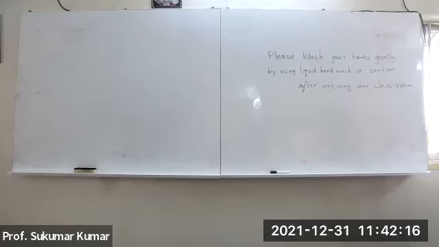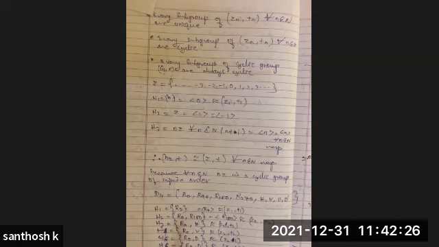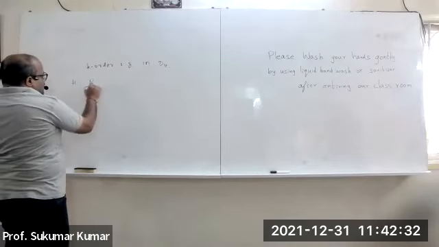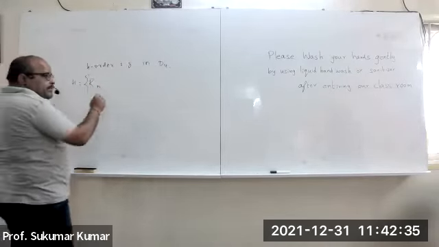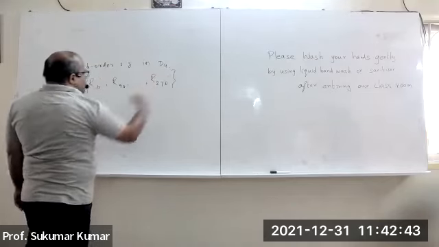So I put R180 also, or H. For a 4 order subgroup in D4, R0 will be there, R90 will be there, and R270 will be there.